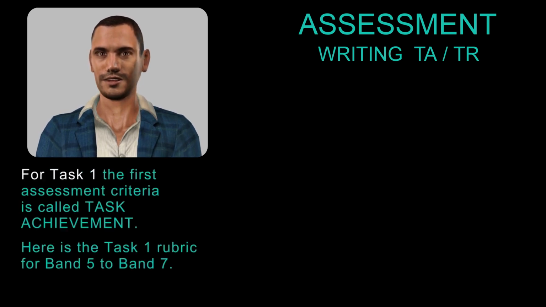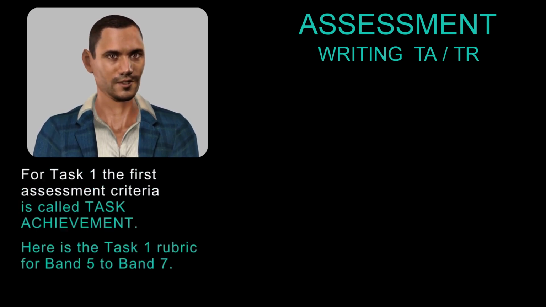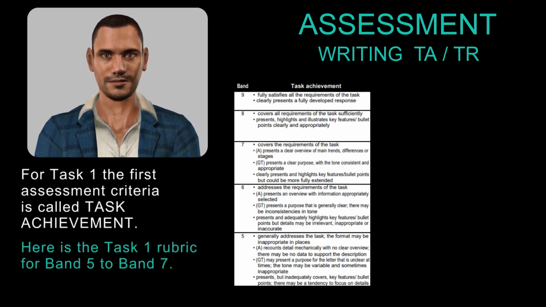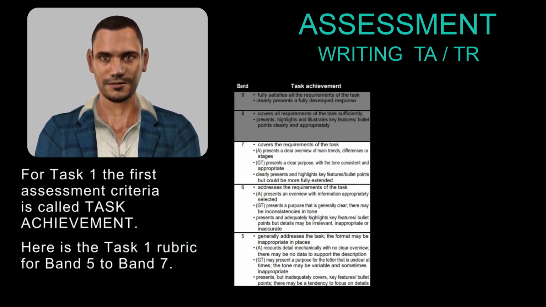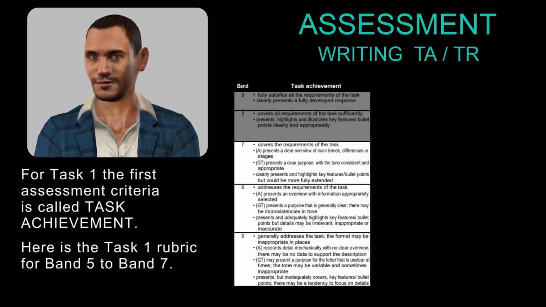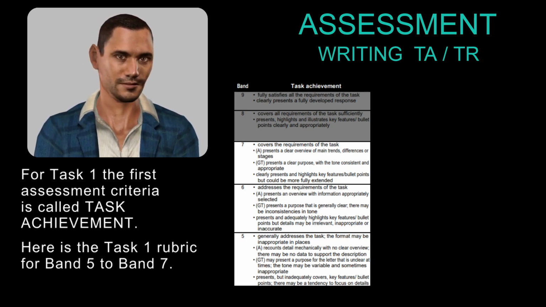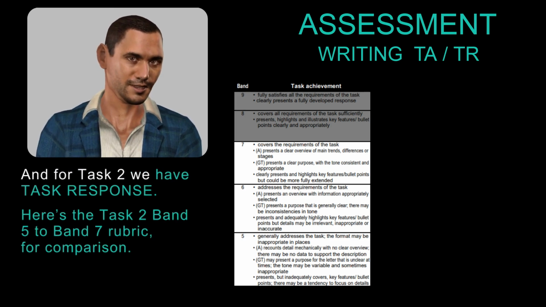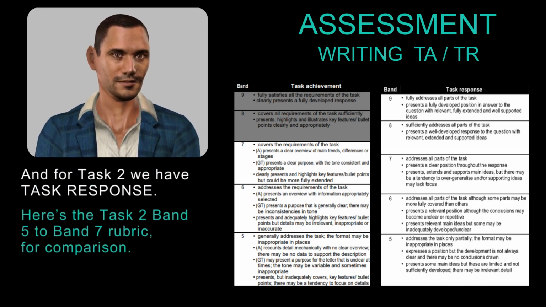For task 1, the first assessment criteria is called task achievement. Here is the task 1 rubric for band 5 to band 7. And for task 2, we have task response.